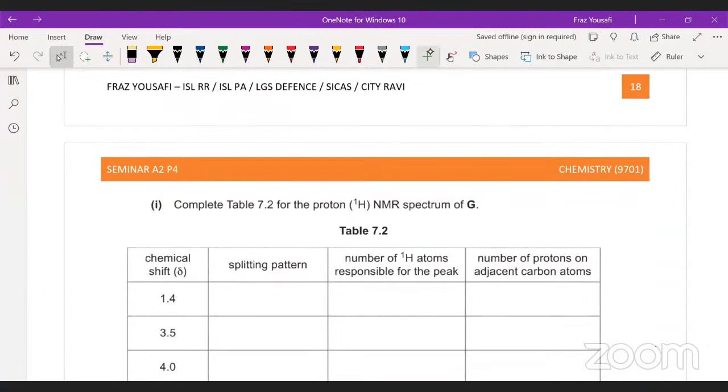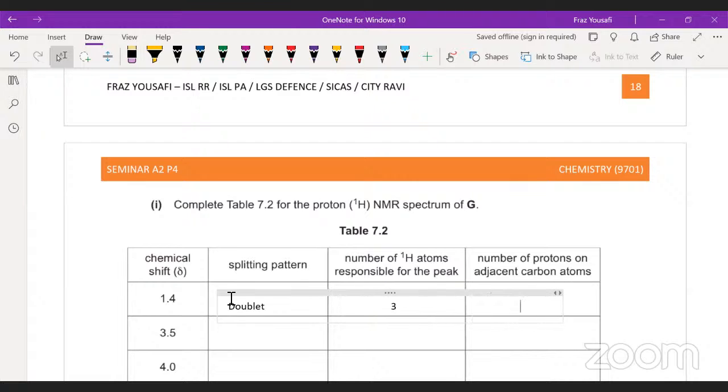All right, so splitting pattern for 1.4 is that it is a doublet. Now, again, the number of protons present here is 3. That's that CH3 at the top there.